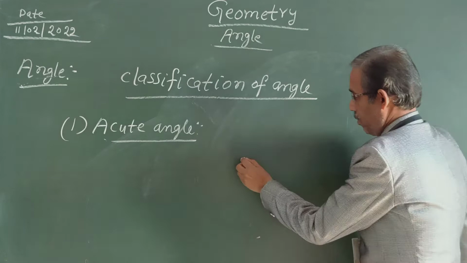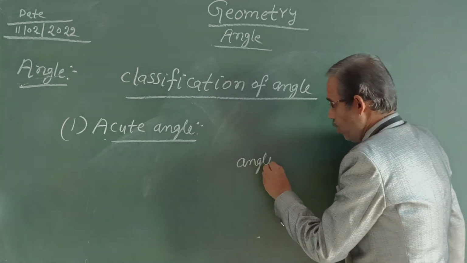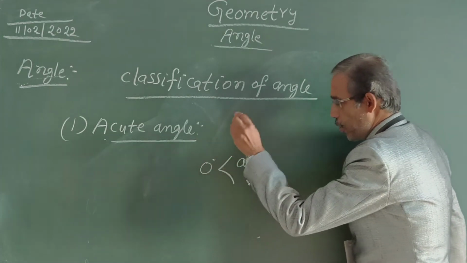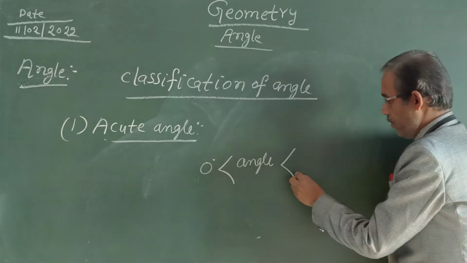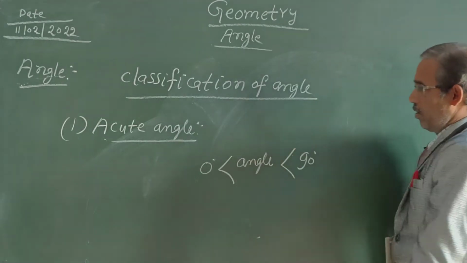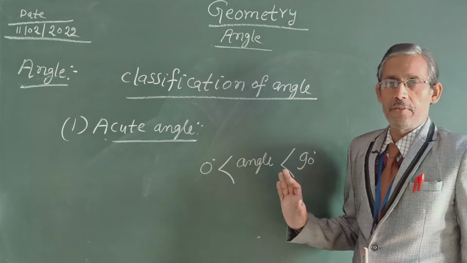An angle whose measure is greater than 0 degrees but less than 90 degrees is called an acute angle.